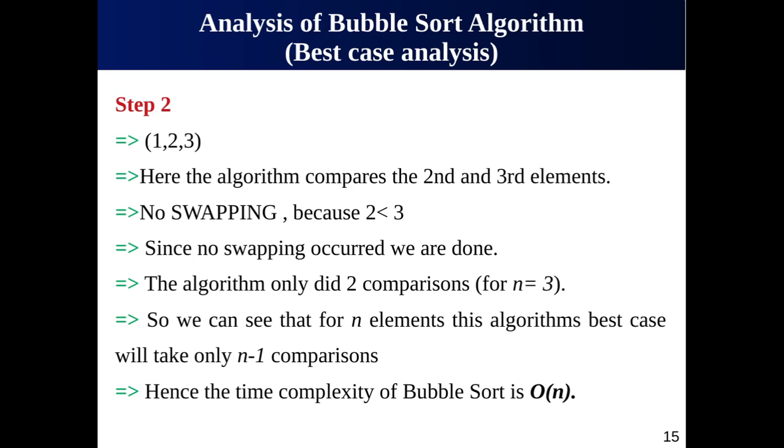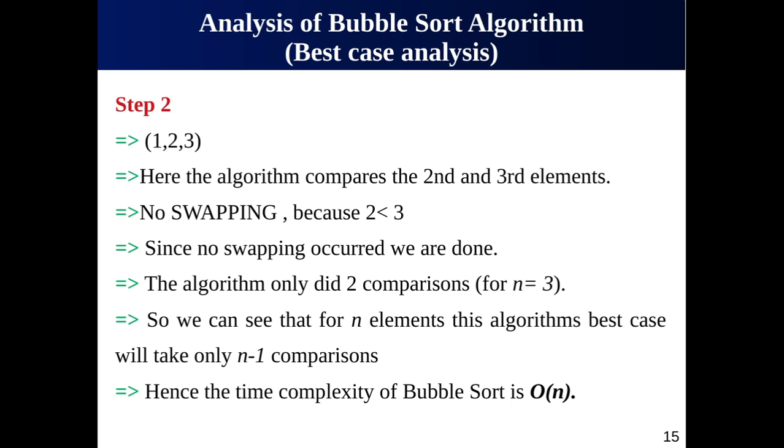We can see that if we have n elements, the best case will take only n-1 comparisons. So the time complexity of the bubble sort algorithm in the best case is n, or you can say O of n. So this was the best case analysis of the bubble sort algorithm.